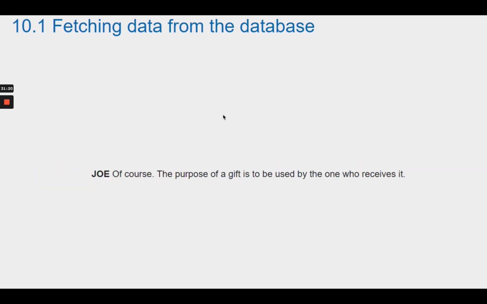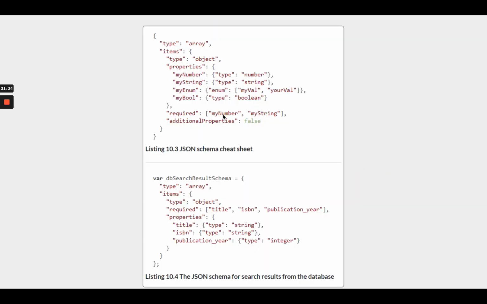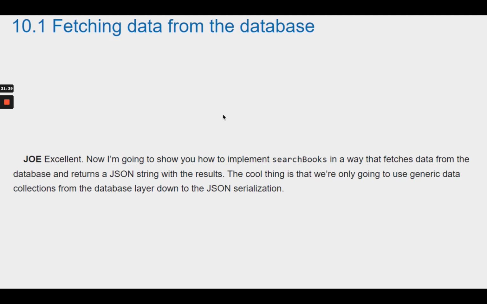Joe: Of course. The purpose of a gift is to be used by the one who receives it. Theo takes a look at the JSON schema cheat sheet to refresh his memory about the JSON schema syntax. After a few minutes, Theo comes up with a schema for the search results. He certainly is putting Joe's gift to good use. Joe: Excellent!